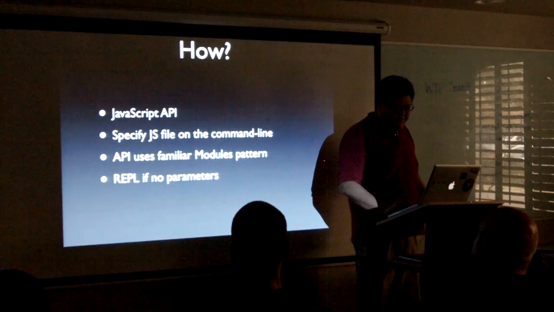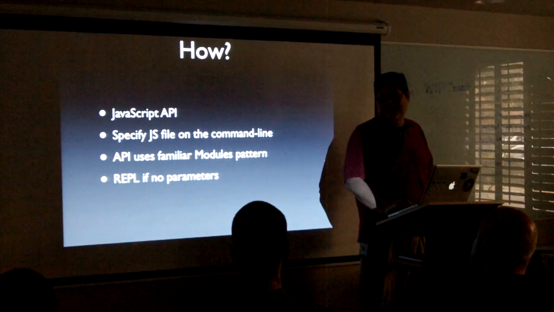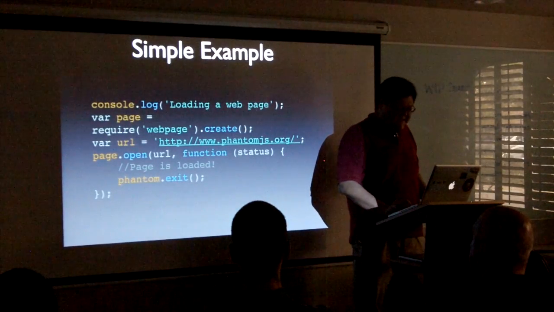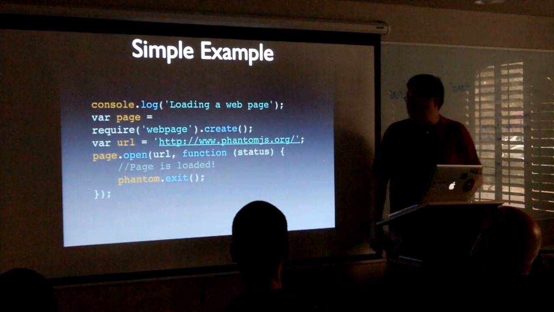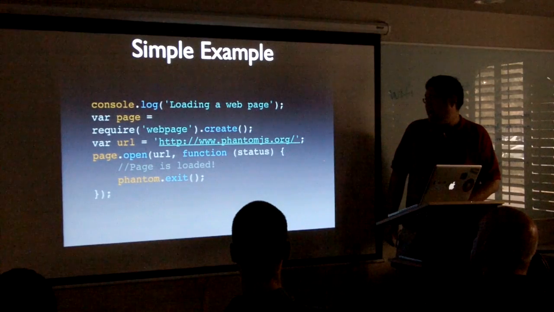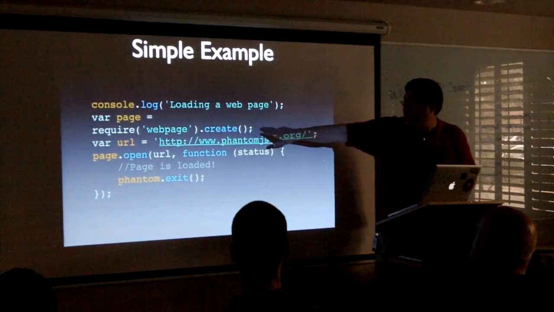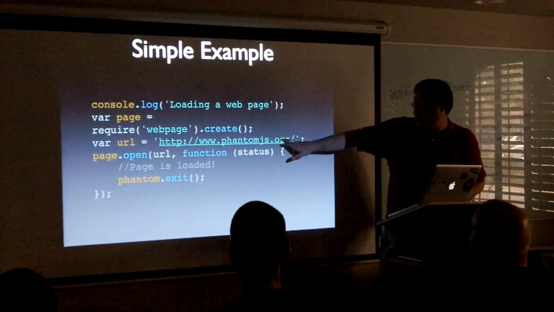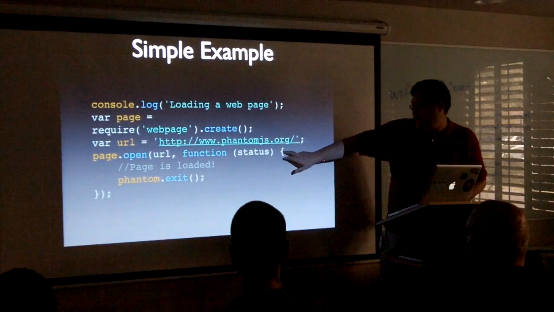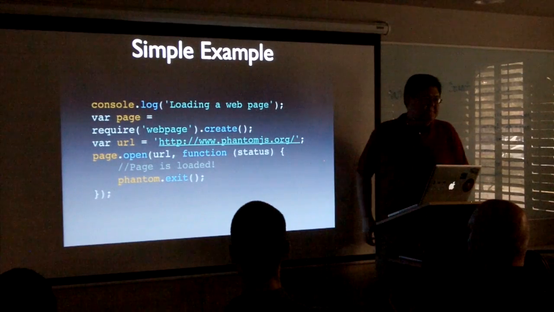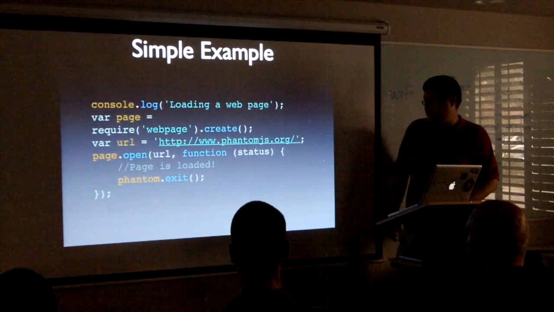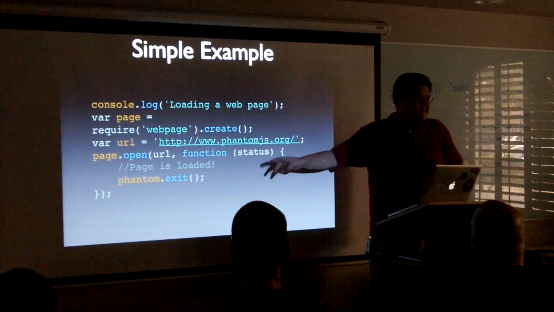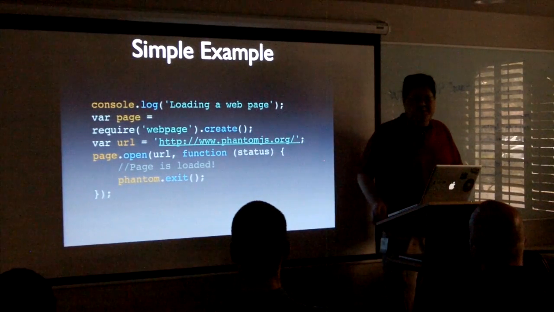The JavaScript API uses the module pattern, so if you've seen Require.js, you'll be familiar with how it works. This is a simple example of taking a screenshot, which comes from the PhantomJS web page. Here's the module that it's pulling in for web pages. It's loading the page here, and then once it's done, it's just exiting out. So it's a very simple JavaScript API. If I added just a little bit more code here, I could say page.render, and it will save it to a screenshot as well.